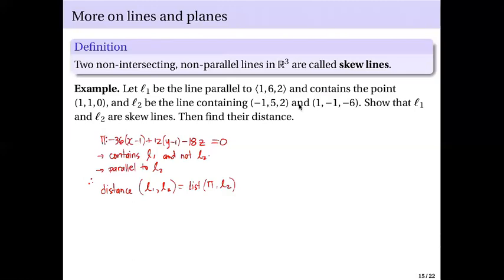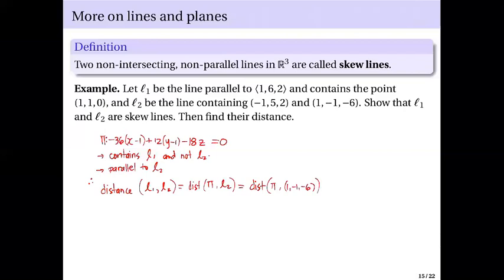We are given 2 points here. So let's just use one of them. So this is just equal to the distance of pi from the point. Say, let's use this, negative 1, 5, 2. Well, I'll just use this 1, negative 1, negative 6.